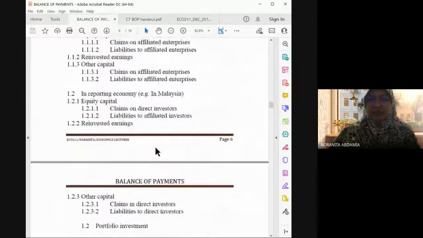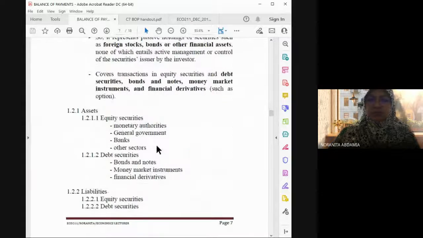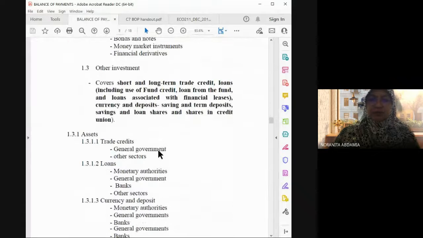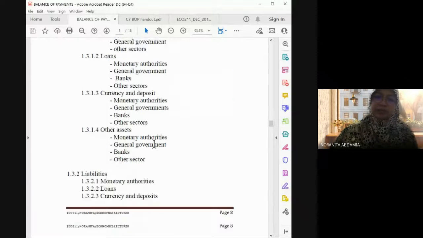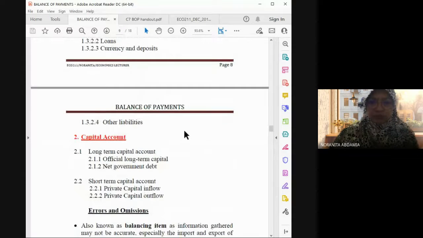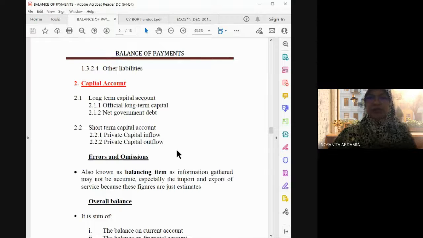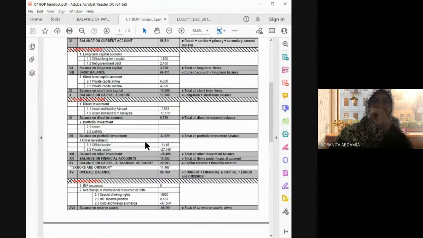Okay, so that's the financial portfolio. Whatever I already simplified here is close enough and full enough for you to know, so whatever you refer to here is enough, I think. Then that's the financial account: direct investment, portfolio investment, and other investment. For each sub-account there is a balance.